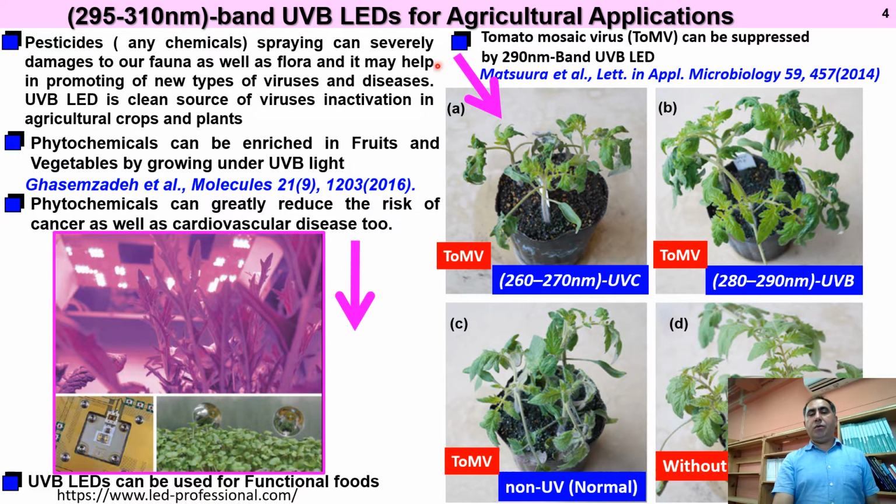In addition to that, we can inactivate tomato mosaic virus by using a 290 nanometer UVB LED. Here is one of the research works, done by Matsuura, and the work was published in Applied Microbiology. By using 280 or 290 nanometer UVB LEDs, they can inactivate the ToMV virus in tomato.